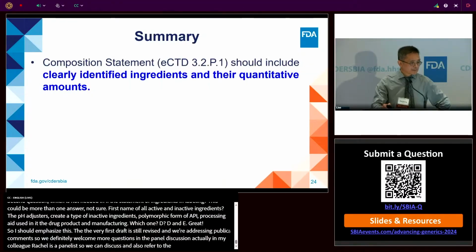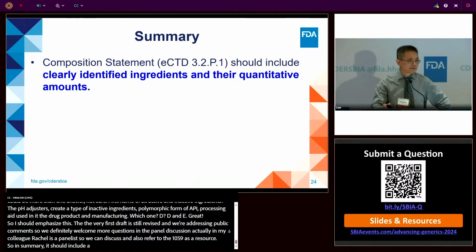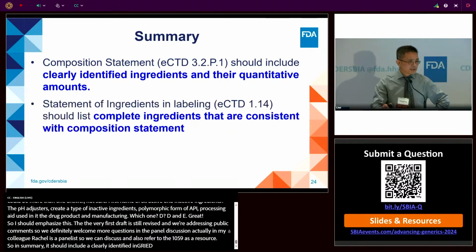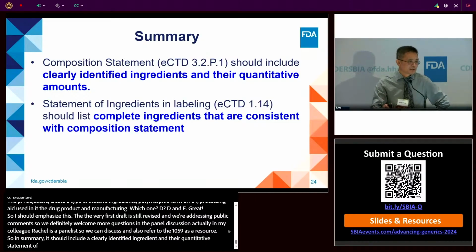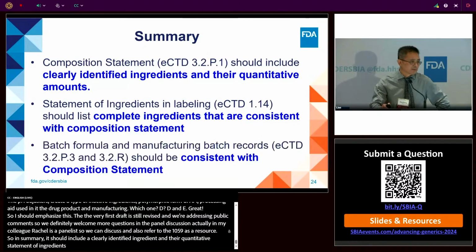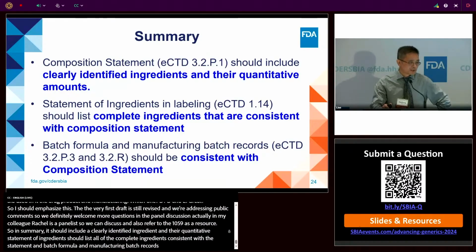So in summary, composition statement should include clearly identified ingredients and their quantitative amounts. Statement of ingredients in labeling should list complete ingredients that are consistent with composition statement. And batch formula and manufacturing batch records in the eCTD submission should be consistent with composition statement.